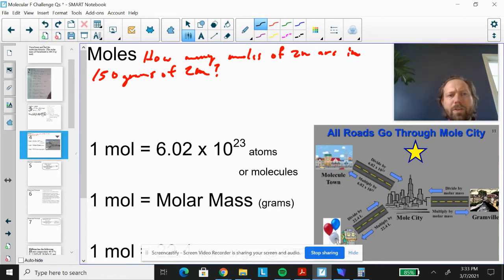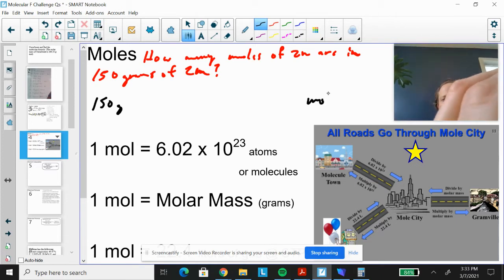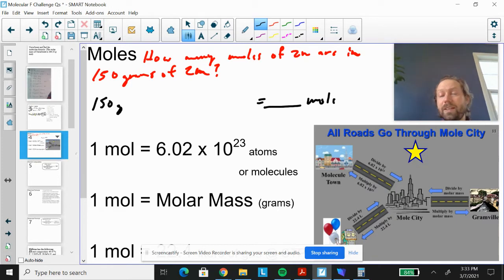Okay, so in this question, you're going to write down, like the previous video, grams, and you're going to be solving for moles. Now, you always should give yourself enough room because you might not know exactly from the beginning how many steps until you write it out. So give yourself enough room to solve these problems.